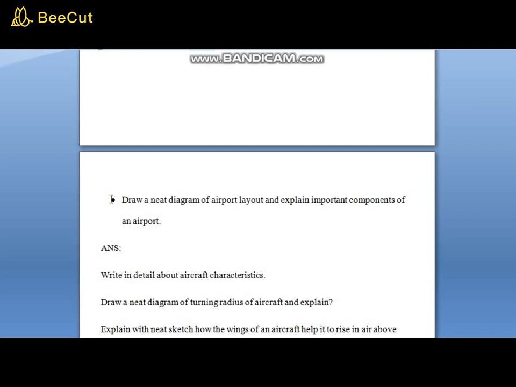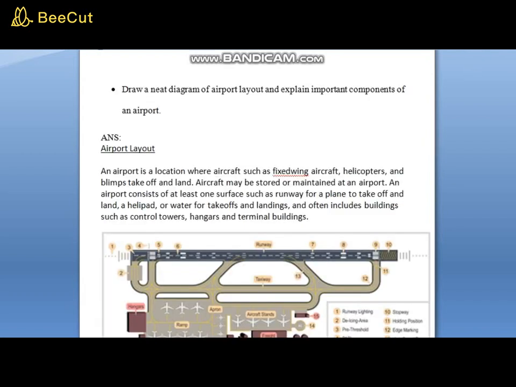Draw a diagram of airport layout and explain the important components of an airport. So the question is as follows: draw a diagram of airport layout and explain the important components of an airport. Airport layout. An airport is a location where aircraft such as fixed wing aircraft, helicopters, and blimps take off and land. Aircraft may be stored or maintained at an airport.